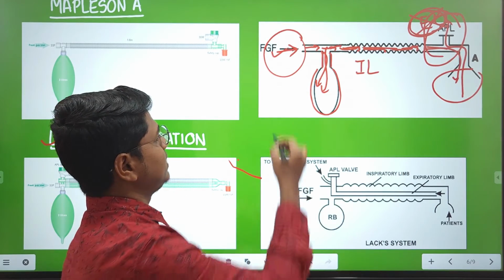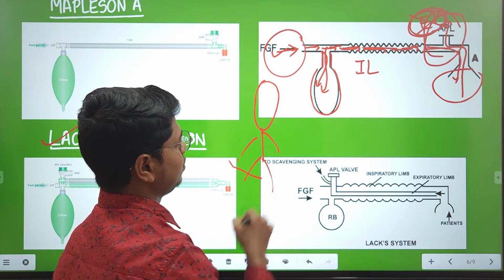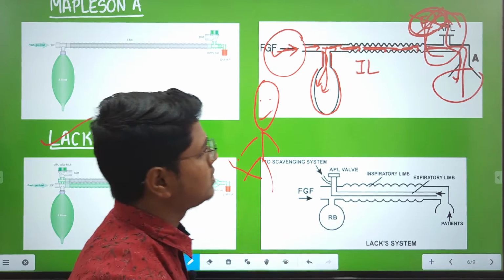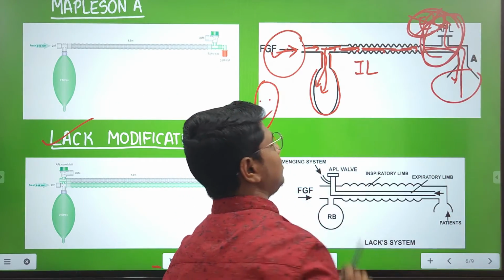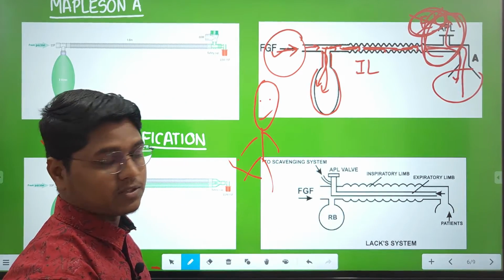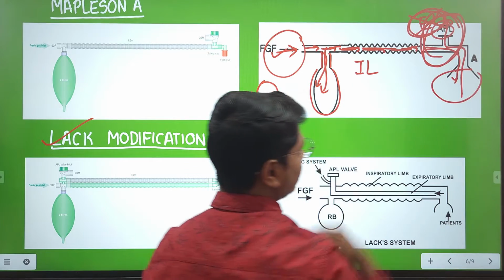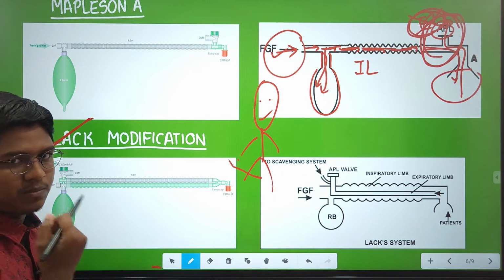Usually the anesthesiologist sits towards the machine end. So if he or she wants to close this APL valve, or wants some assisted ventilation, he or she has to get up towards the patient side and do the needful. So this scientist Lack thought, let us solve this problem.